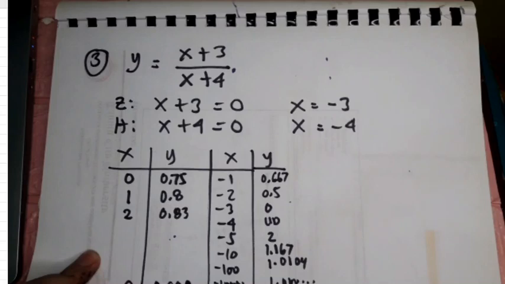So how about negative 3.5? Okay, negative 3.5. What is the value? Negative 1. Between negative 3 and negative 4, negative 2, negative 1.